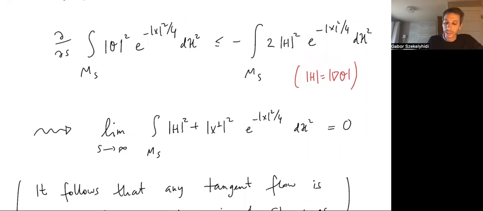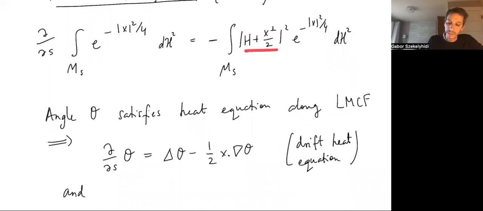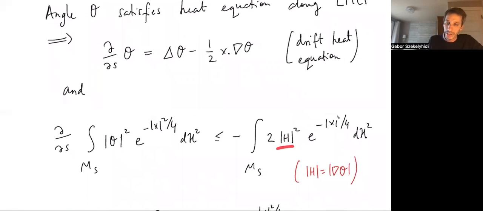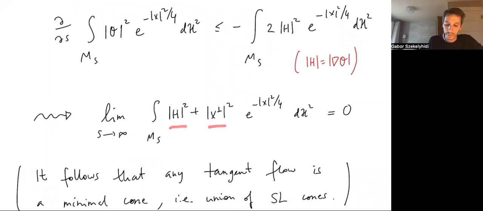This is just obtained as a combination of these two monotonicity formulas. Here you have H plus x perp over 2. Here you have H, so you can separate out H and x perp. This is at the heart of Neves's result, that the tangent flows are always unions of special Lagrangian cones, because these two quantities going to 0 mean that on the one hand you're minimal because H goes to 0. On the other hand, you're a cone because this perpendicular component of x goes to 0.